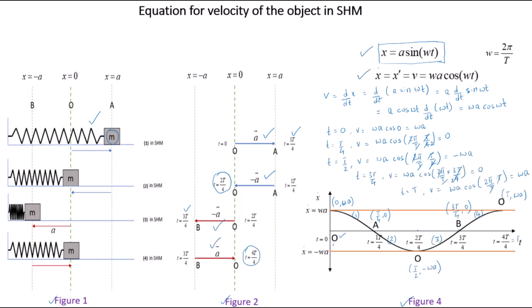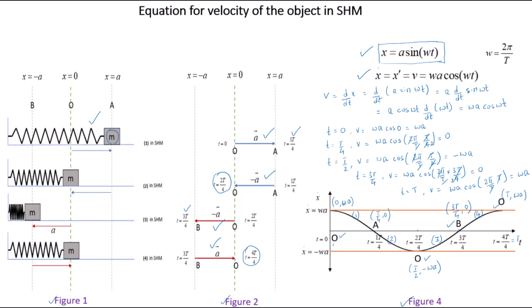Similarly, I have done the calculations for the subsequent points O, B, and again O, and you can verify these calculations on your own. It is seen that at point O, the velocity is maximum but in the negative direction, which is as observed for an object executing SHM.